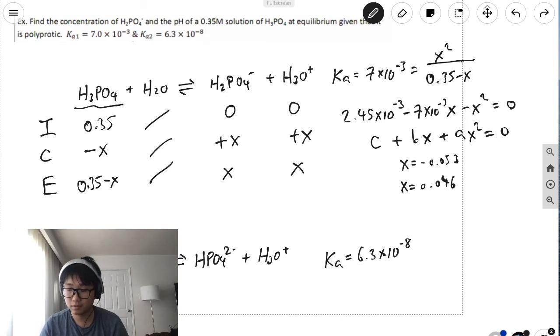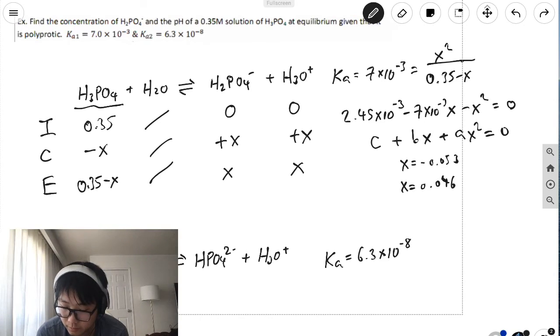Oh, you did? Then what did you do wrong? Oh, okay, so you put positive 7 times 10 to the negative 3. Where's the 1? You times 1, so you just combine those two together. Yeah, that's a separate term. Yeah, that's an x term.